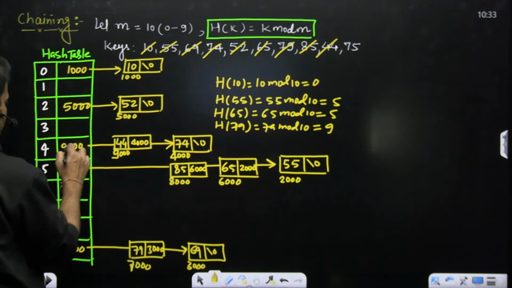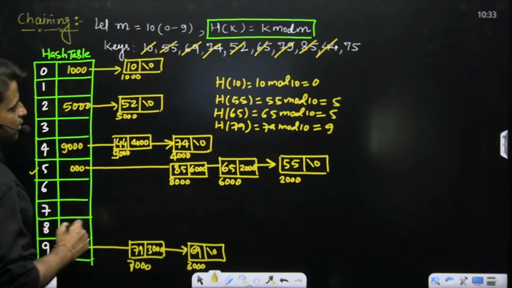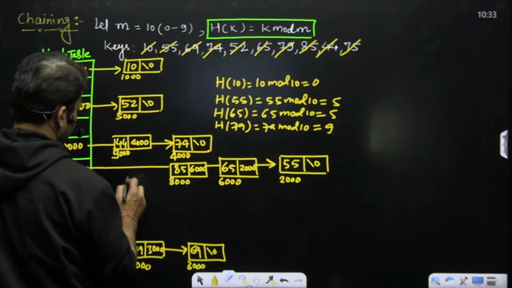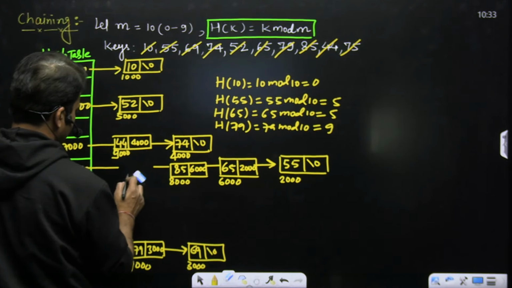So this is 9000. Okay. And 75 again gives hash index 5. So this is stored here.